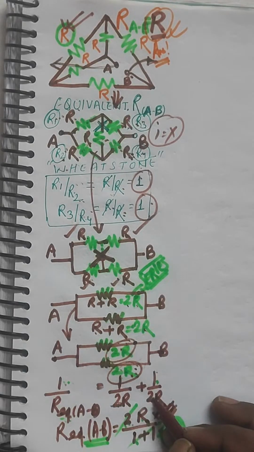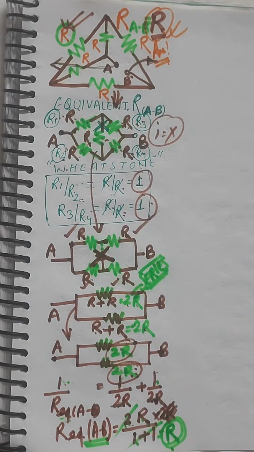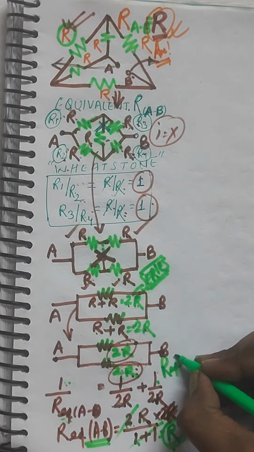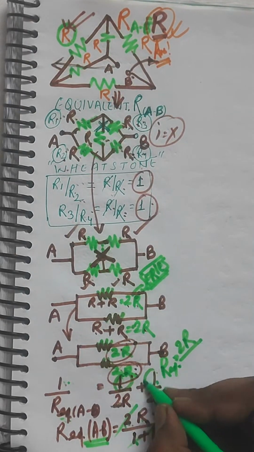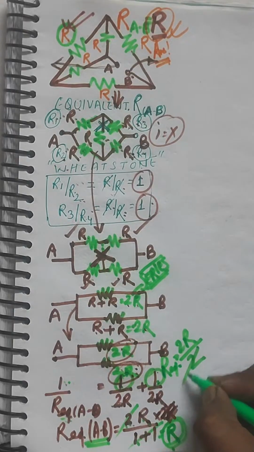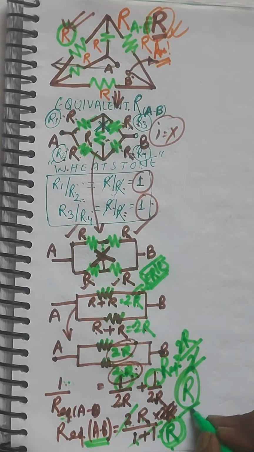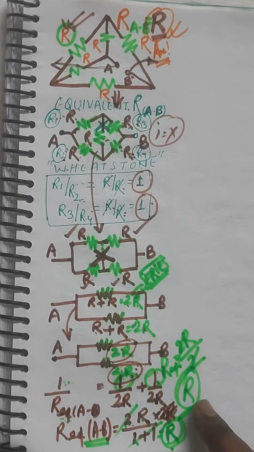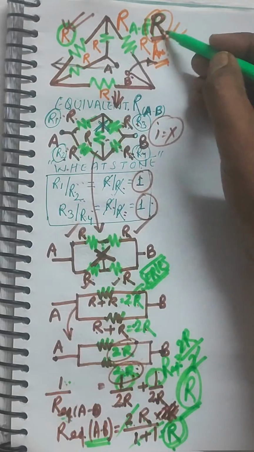When 2R is taken as LCM, R equivalent is equal to 2R by 1 plus 1, that is 2, and 2 and 2 will be cancelled out, and we have the value R as equivalent resistance. That is the same thing which I have written over here, this R. So that's why our answer is nothing but R.